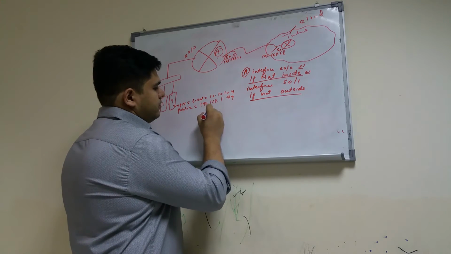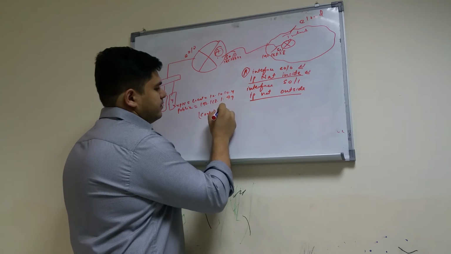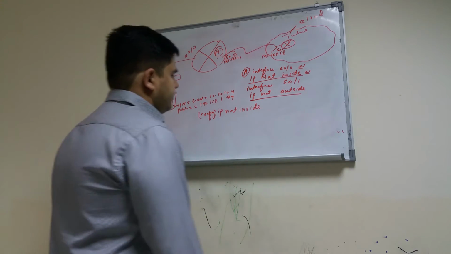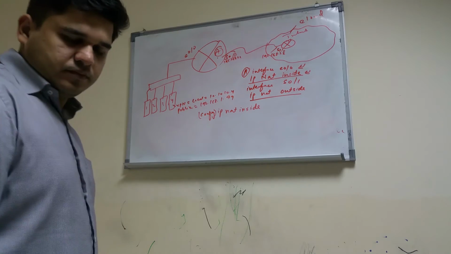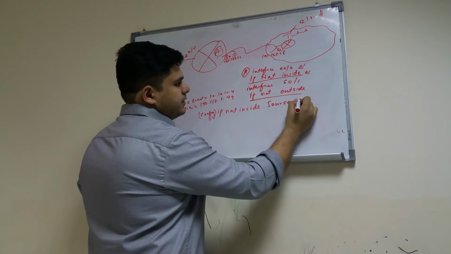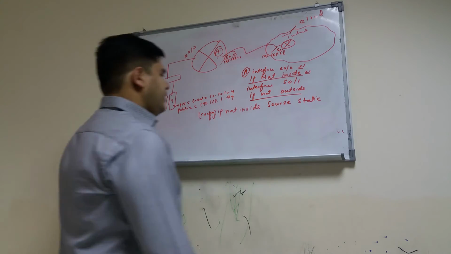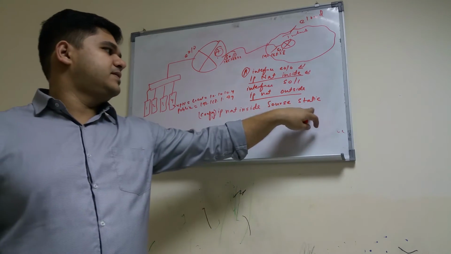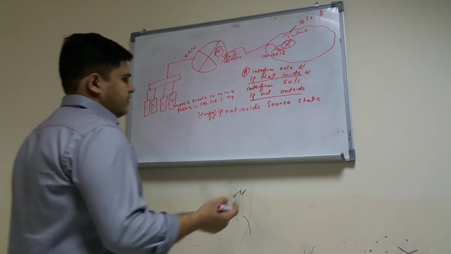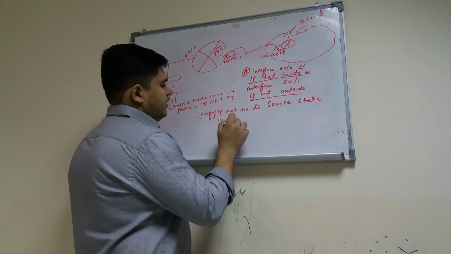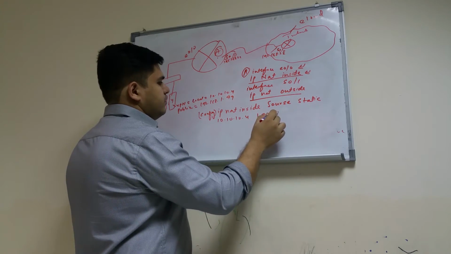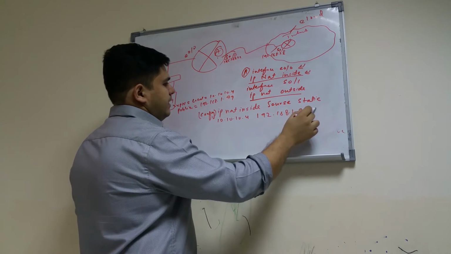Then from config mode, type ip nat inside source static, and then mention the local IP address of that server, which is 10.10.10.4, then a space, then the public IP address, which is 192.168.1.99, and press enter.